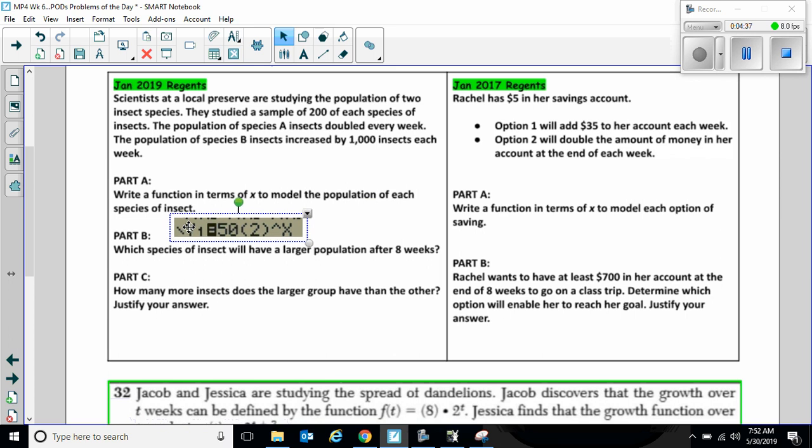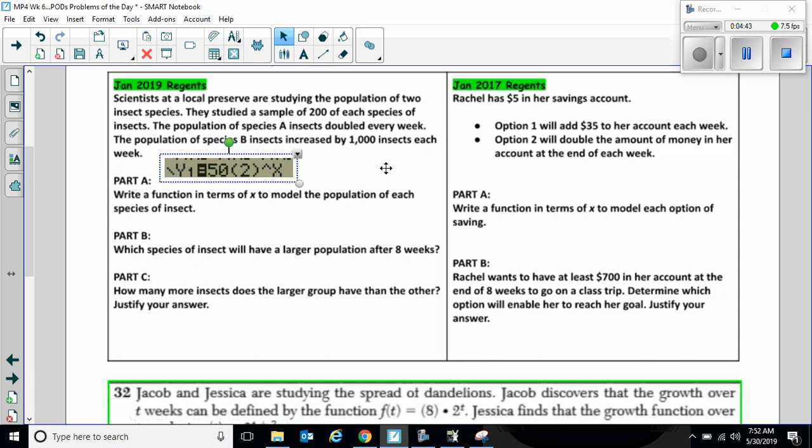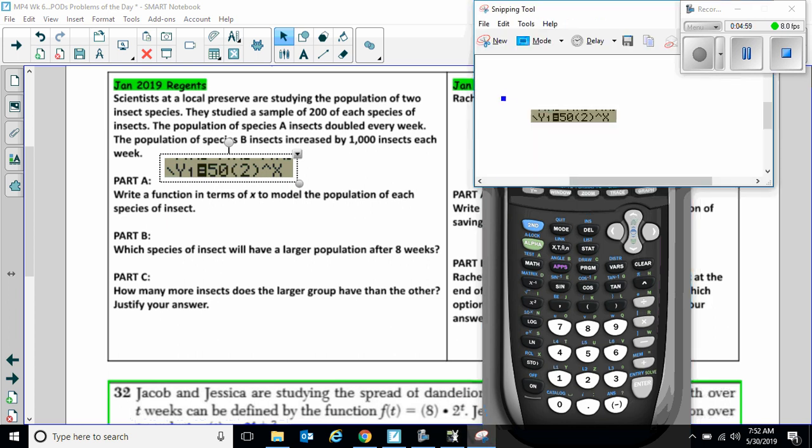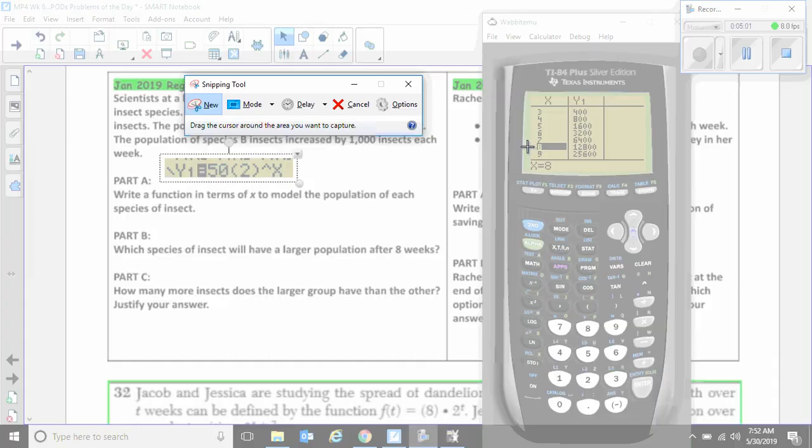I have the function for A, and I still need to get the function for B. But while I'm covering this, let's figure out where we are after 8 weeks. That's where we are after 8 weeks. Let's copy that.